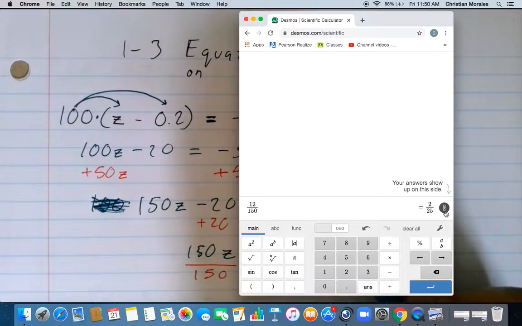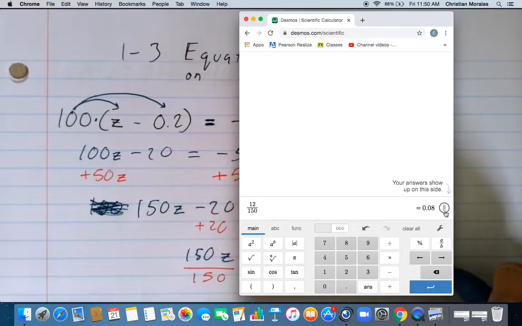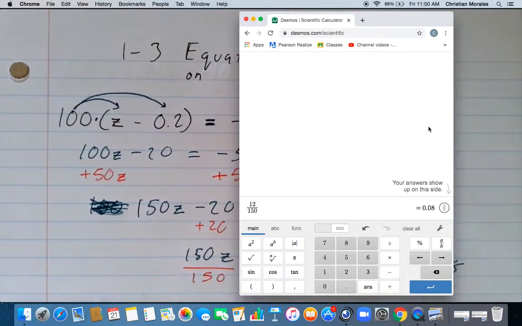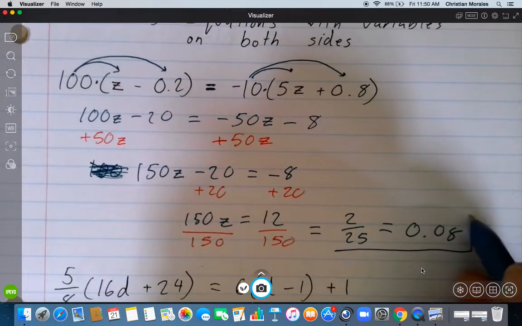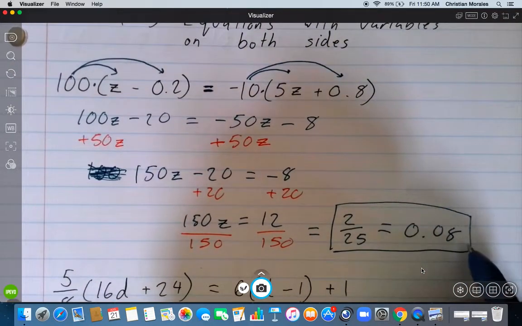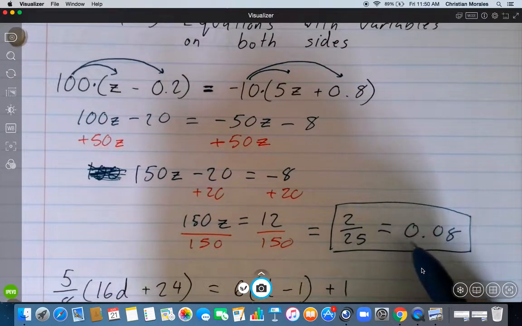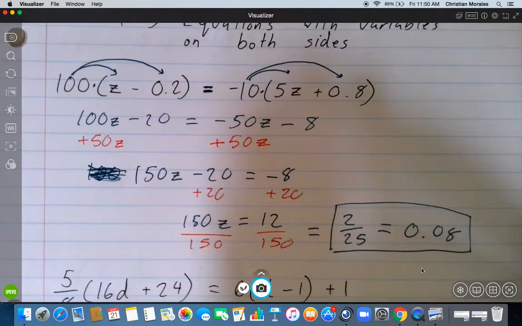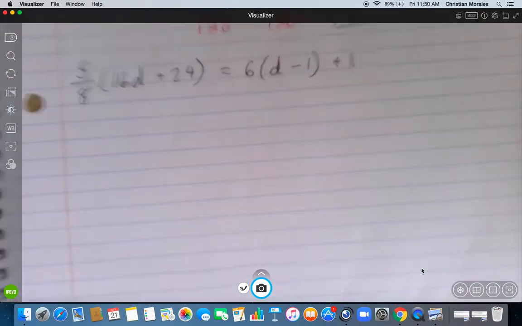The fraction answer would be 2 over 25, and the decimal answer would be 0.08. Since you're using a calculator, most of you are going to put 0.08. That's fine, but this would also be an acceptable answer. This is the answer for z. Z equals 0.08. All right, next. Move to the next one.